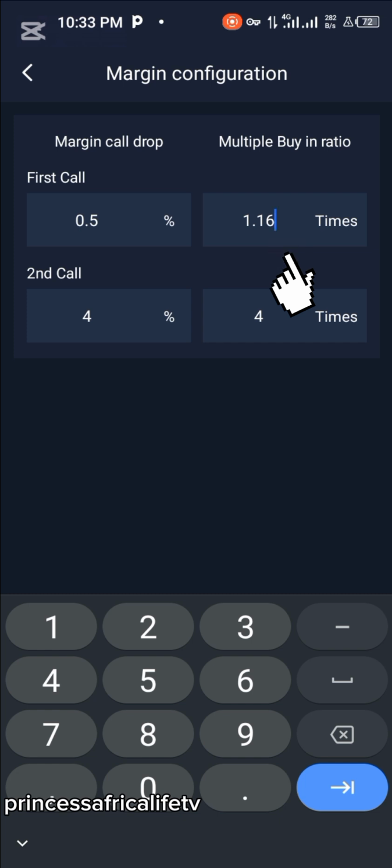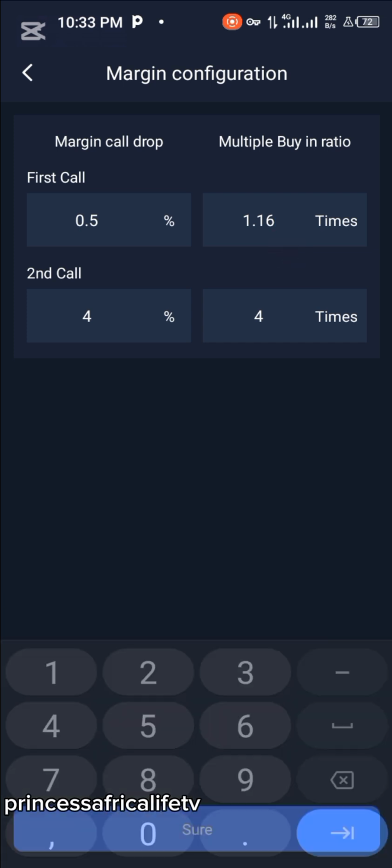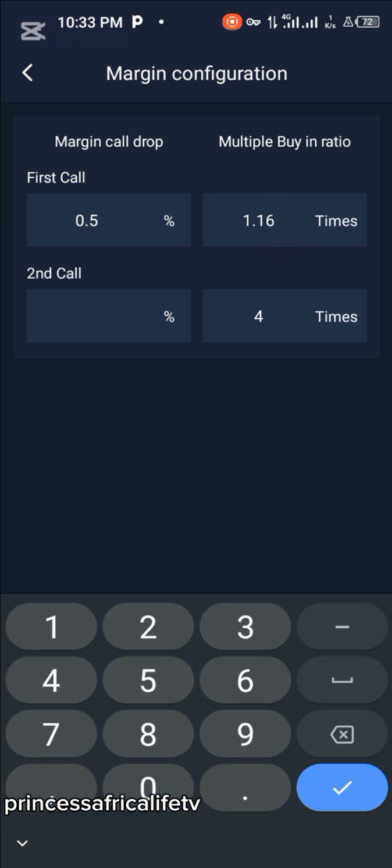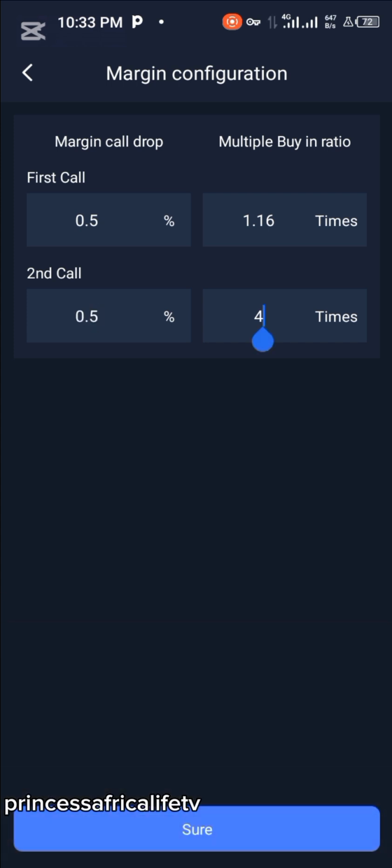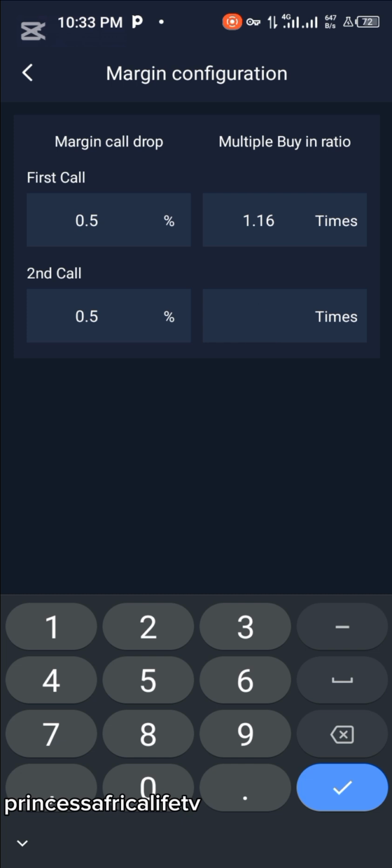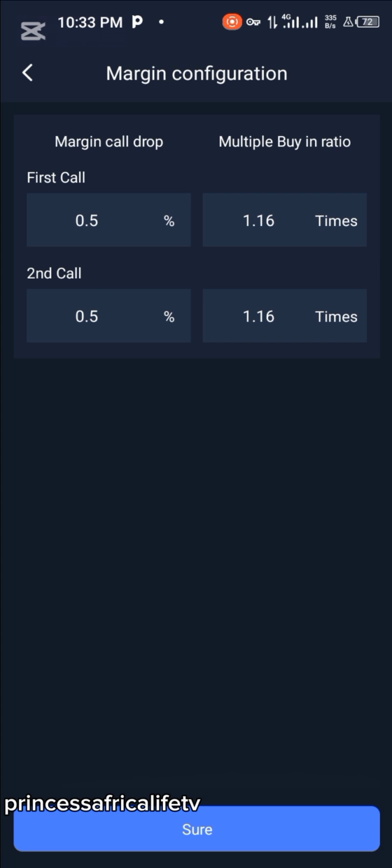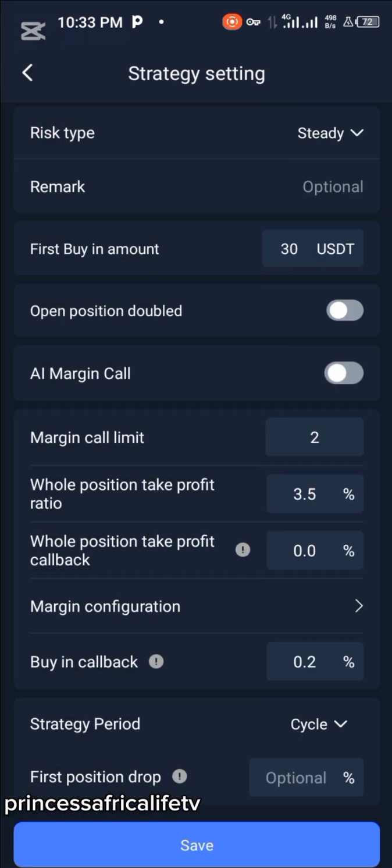That is 34.8. Now we'll go down here again. Say if this market goes down by 0.5, making it 1 full percent, it should buy the same thing, 1.16, right? Perfect.